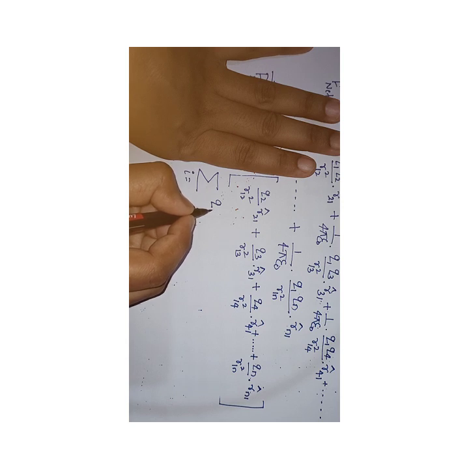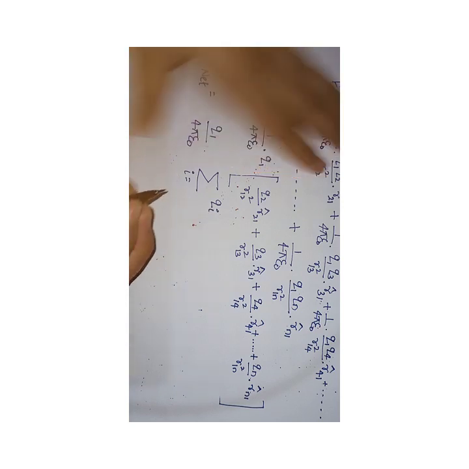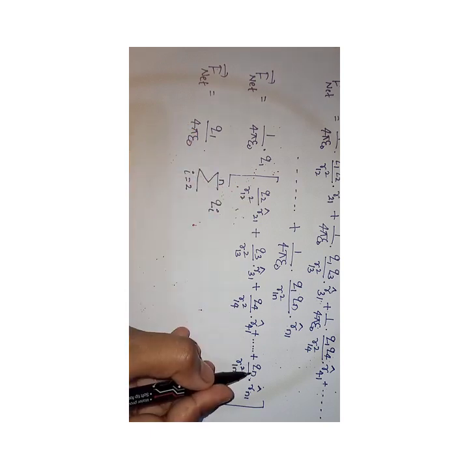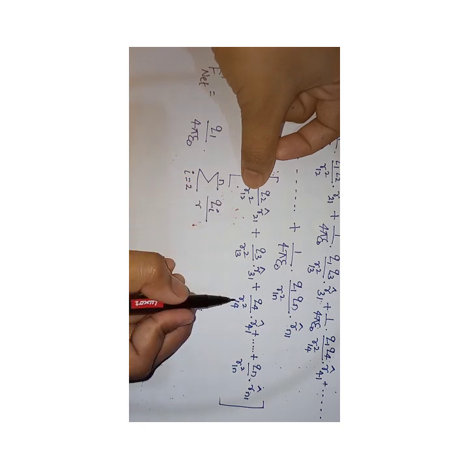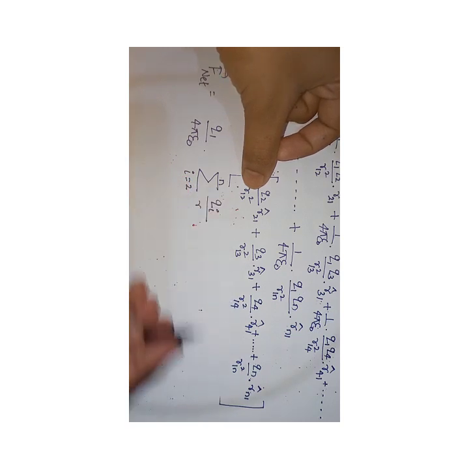Q. I is running from 2 to n. This I'll take as Q, so the starting substitution will be 2. Q2 divided by, see here, R1. 1 is common here, so this common 1 you will write as it is.